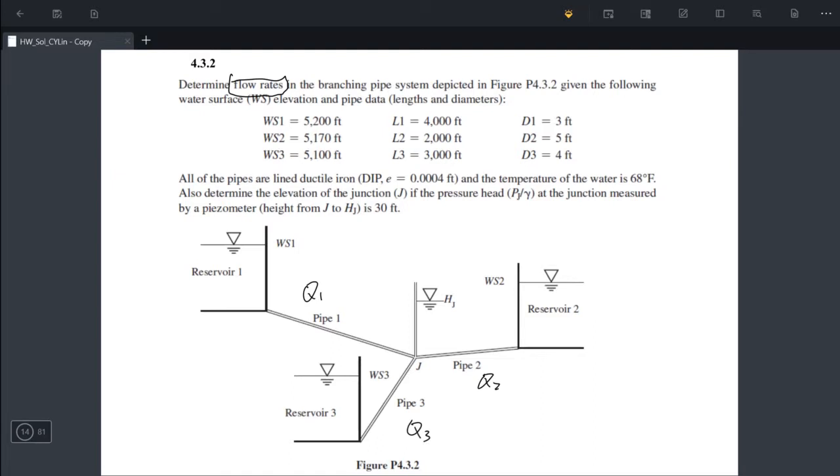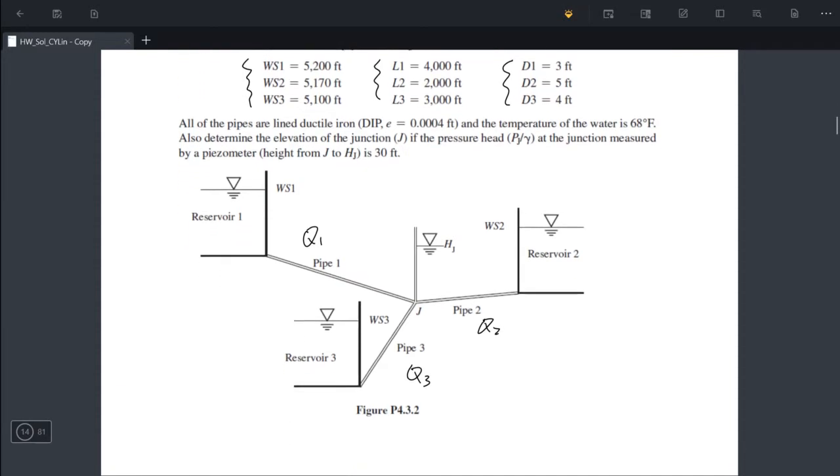Given the information shown here, we know the height of the water level in each reservoir, we also know the length of the pipe in units of feet, and we also know the diameter of those pipes.